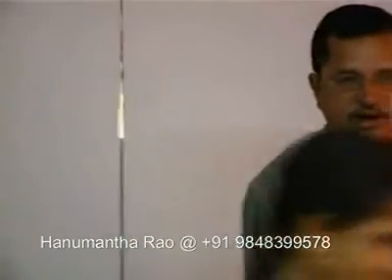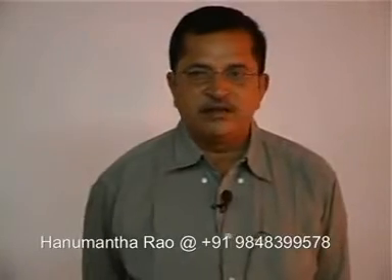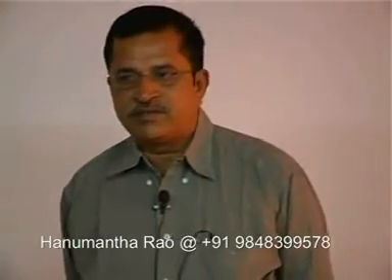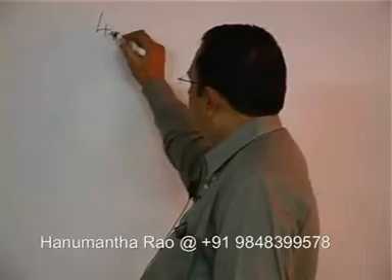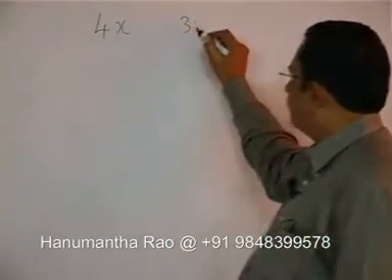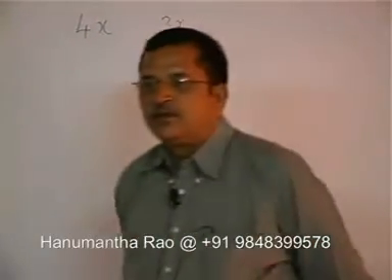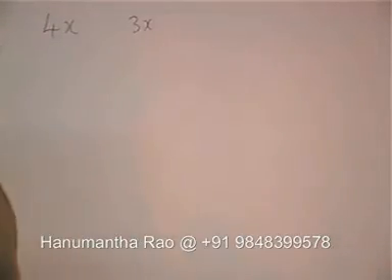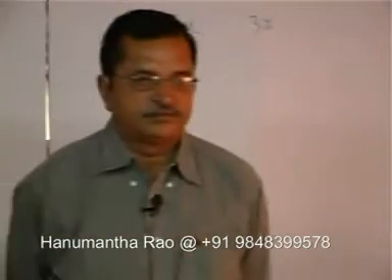See here, for a ratio we cannot add or subtract directly. So if the incomes are in the ratio of 4:3, assume that 4x and 3x are the incomes.